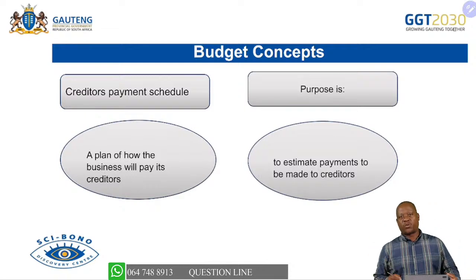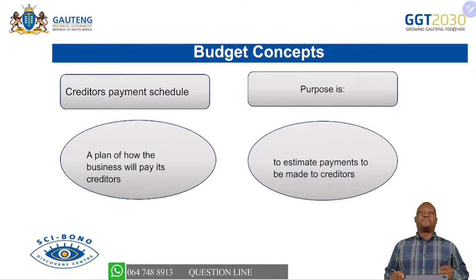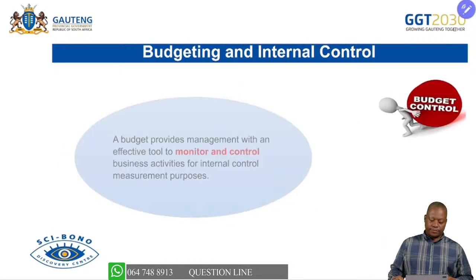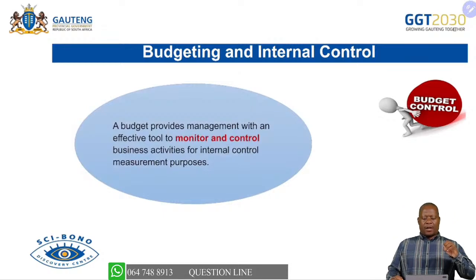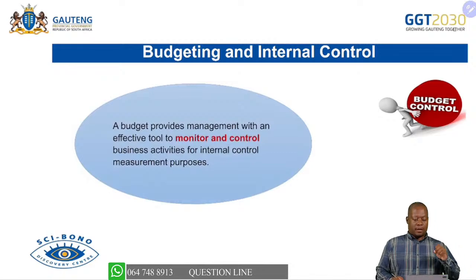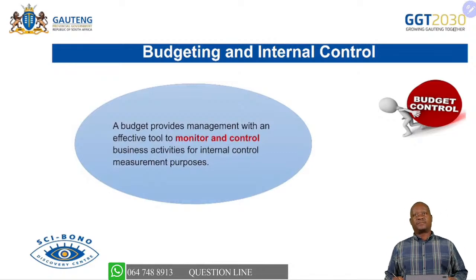We know how much we are going to be able to pay to our creditors. Then put together, we can think of our budget. Now, a budget provides management with an effective tool to monitor and control business activities for internal control measurement purposes.